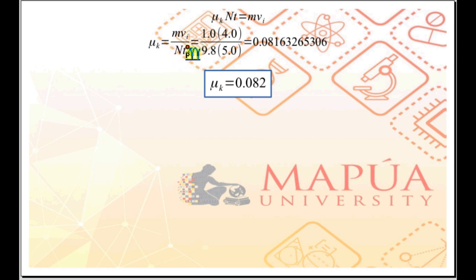All the quantities are known. m is 1 kilogram. v initial is 4 meters per second. We have determined the normal force N to be 9.8 newtons and time t is given to be 5 seconds. We are able to calculate the coefficient of kinetic friction mu k to be 0.082.